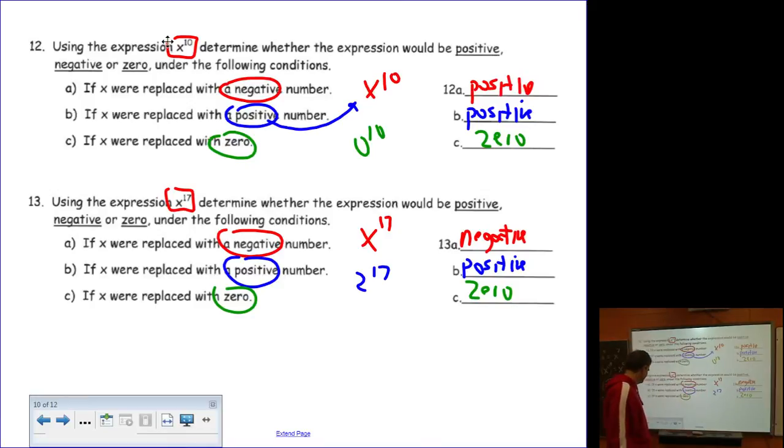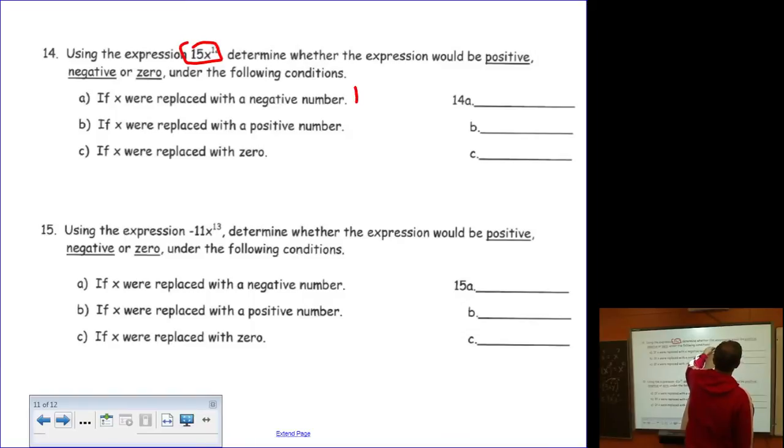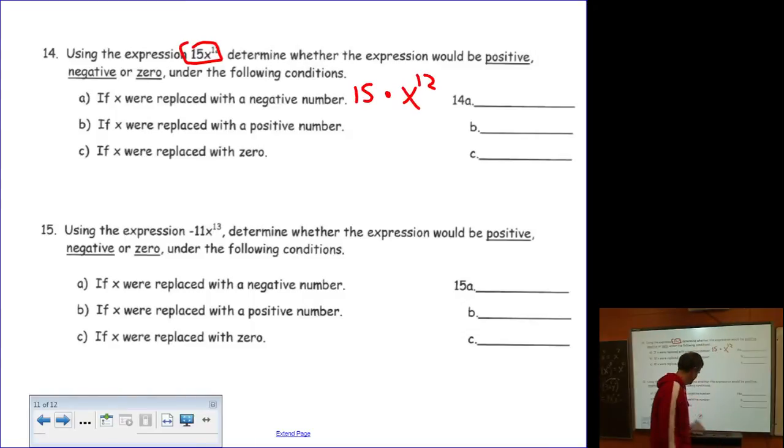Let's look at ones that are a little bit tougher. So I have 15x to the 12th. I like to write that as 15 times x to the 12th. I feel like the secret to these is looking at the sign of both terms. Well, 15 is always going to be positive.